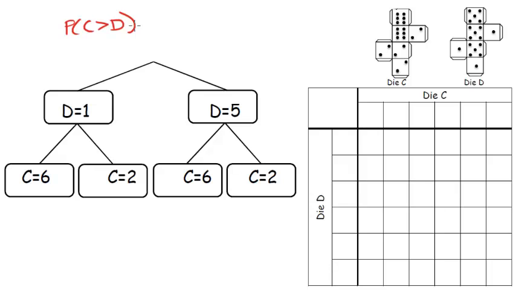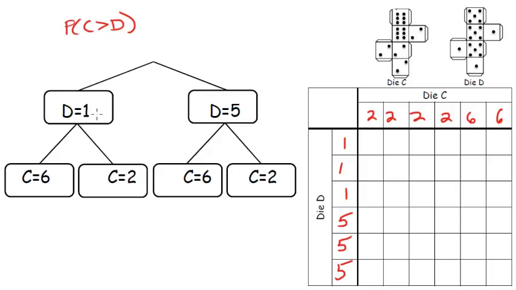Well, some of you guys, instead of drawing out this sample space, we're going to come back to this. Here, again, we could have a 2, 2, 2, 2, 6, and 6, or a 1, 1, 1, 5, 5, and 5. So we want to know, what's the probability that C is greater than D? Well, some of you guys said, well, we can reduce this here to 4 outcomes as opposed to 36.